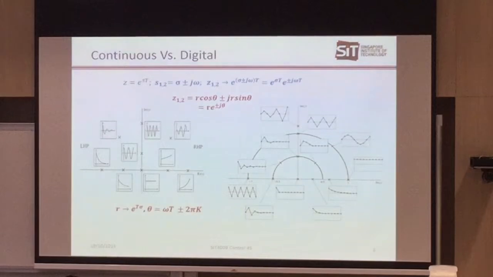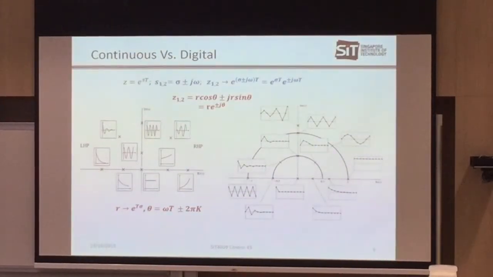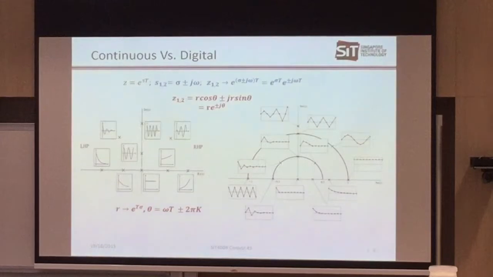For the BIBO checking, you need to take the impulse response, but not only your impulse response. It's an infinite summation of your impulse response. If your one-time impulse response is already marginally stable, then your infinite-time summation of the unit impulse will be unbounded.